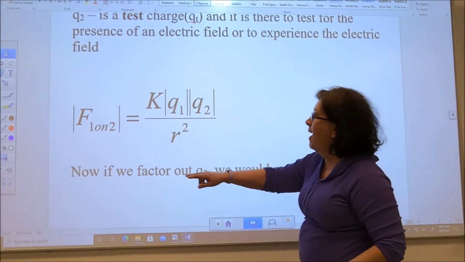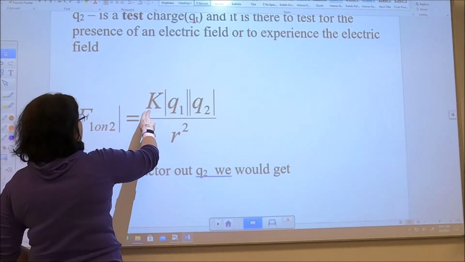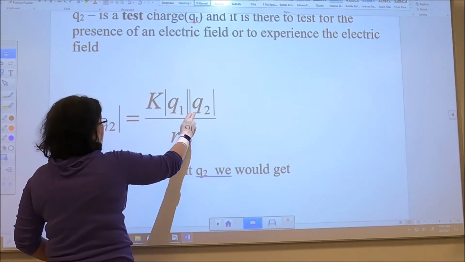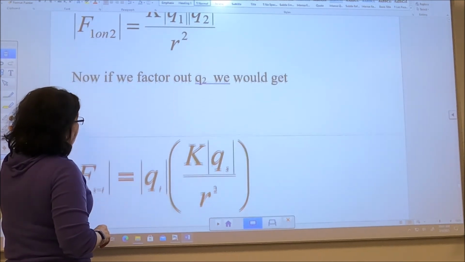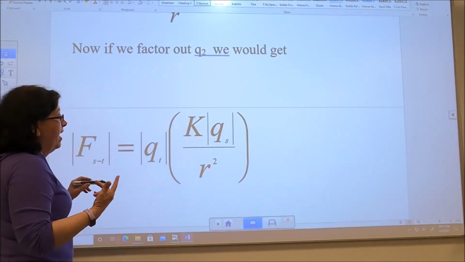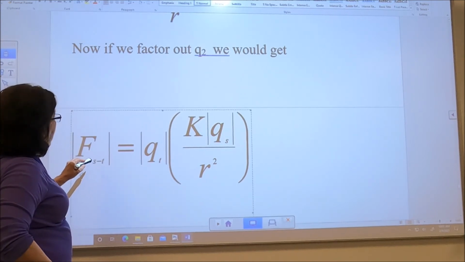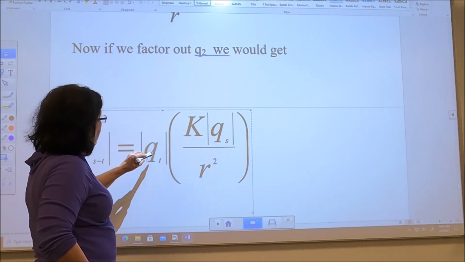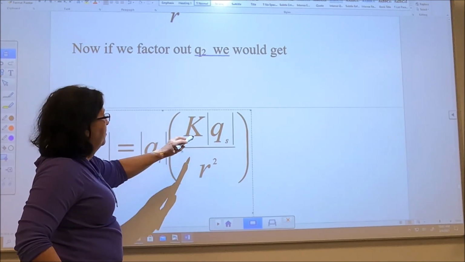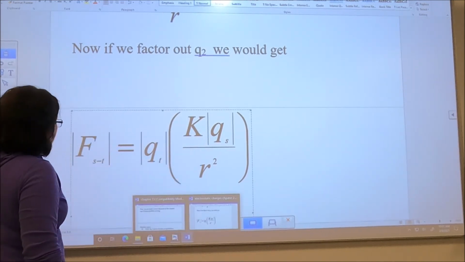Now we know that the magnitude of the force of 2 on 1 is K Q1 Q2 over R squared. Now if we factor Q2 out and add the subscripts QS and QT, the force of source on test is equal to the magnitude of Q test times K QS over R squared.